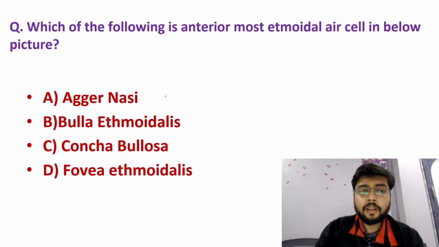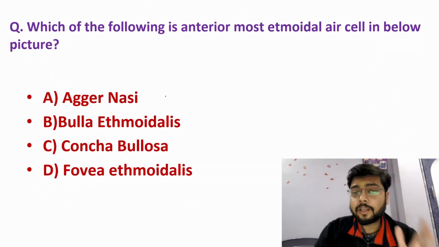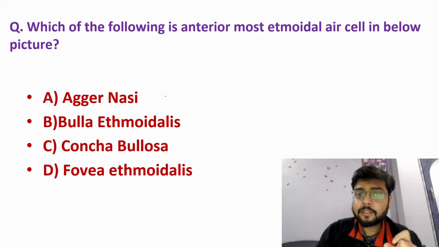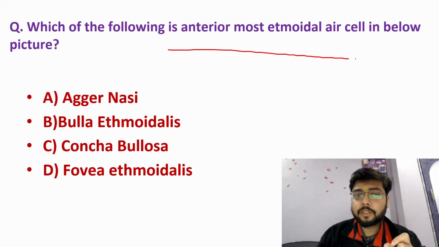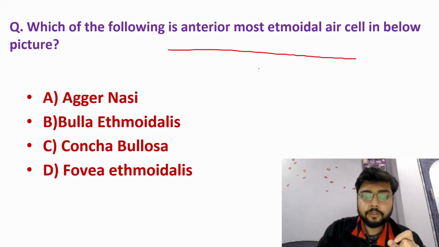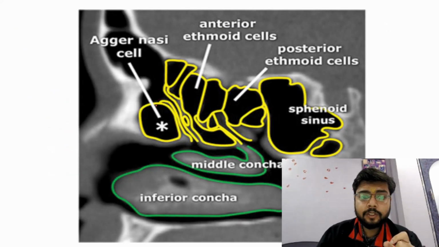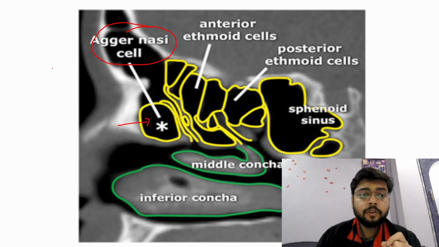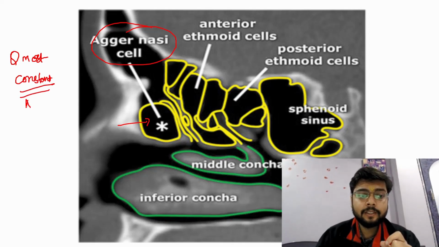So they have already asked about agger nasi in your last exam. They asked what is the anterior most ethmoidal air cell in the given picture. So they had given this picture, and the anterior most ethmoidal air cell, as you all know, is the agger nasi cell. Now if I ask you which is the most constant anterior ethmoidal air cell, then it will be your bulla ethmoidalis, right?